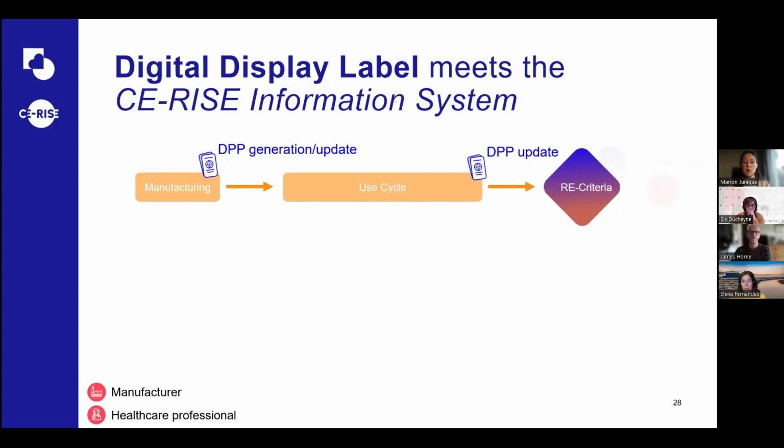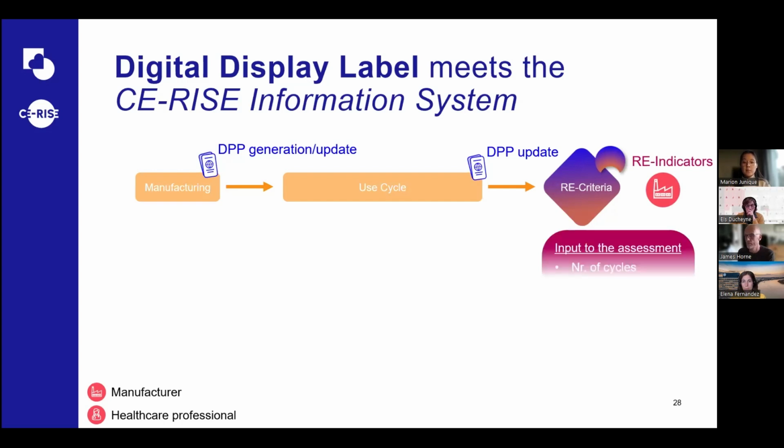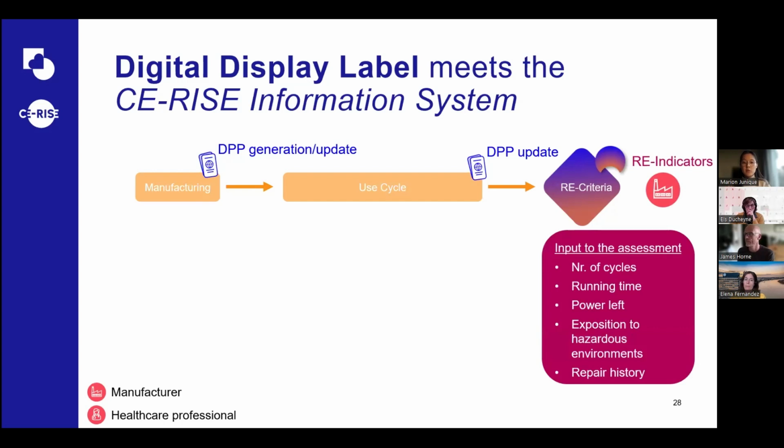And these criteria are informed by indicators, which are, for example, as Christina said earlier, the repairability or recyclability grade of the device. And these are calculated based on a specific methodology in the CRI system using some parameters, such as the number of cycles the device went through, the running time of the device, the power left of the device, and so on.